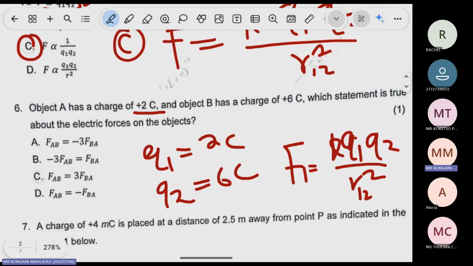So this I think is based on Newton's third law of motion. You have to know which force between those two charges will be greater. Will they be equal or not? I think that's the first question. Because as you see, this one is 3 times, 3 times, 3 times.